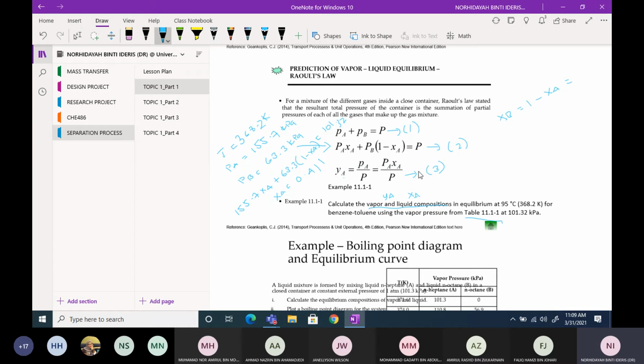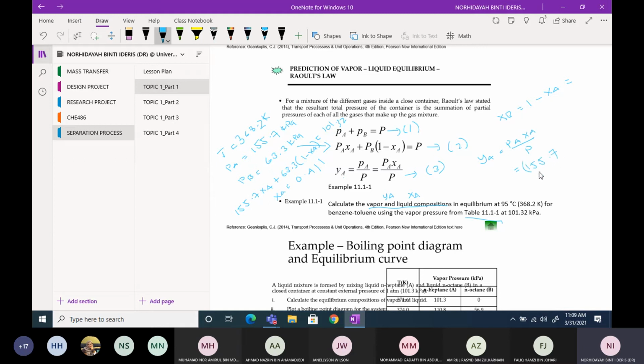Next we can use this third equation. You know that YA is equal to PA SA over P. In order to get the composition in vapor, the vapor composition for A, what is the partial pressure here for A at this specific temperature? It is 155.7.